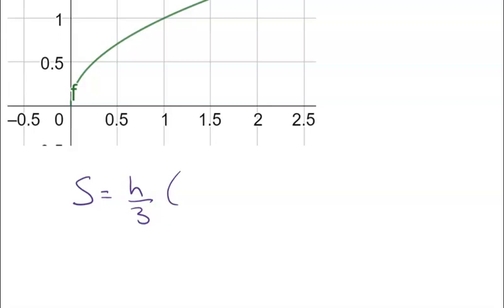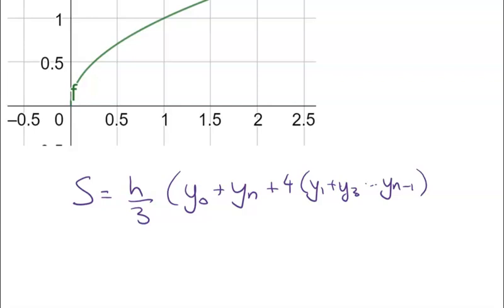It's h over 3 times y0 plus yn plus 4 times this sequence plus 2 times the even numbered values. And if you haven't done an example of this, I think this can look pretty confusing, even though it's actually quite easy. So things to notice for Simpson's rule is that we must have an even number of intervals.